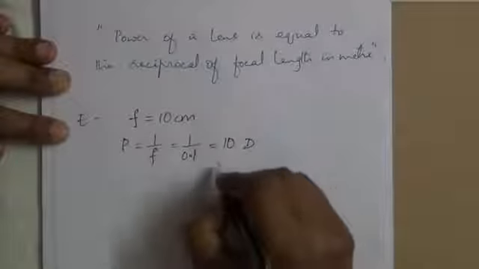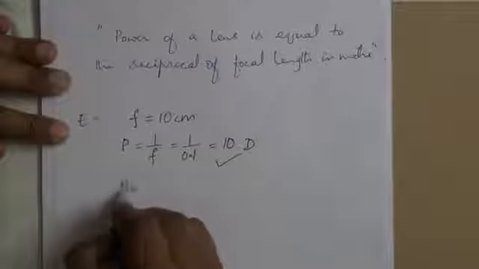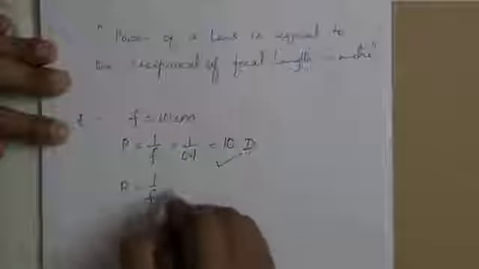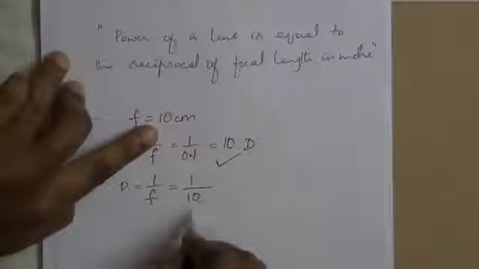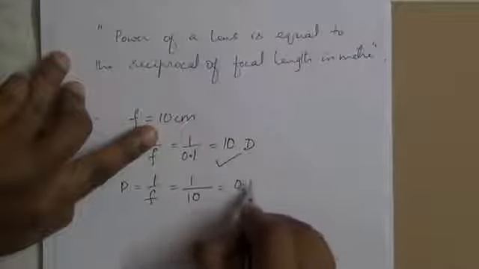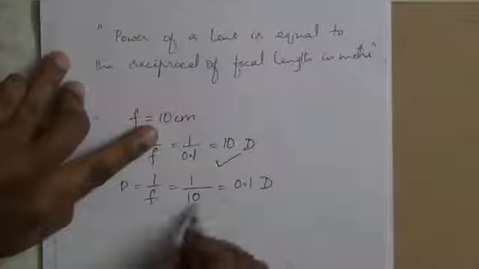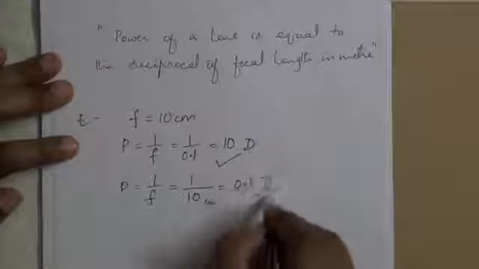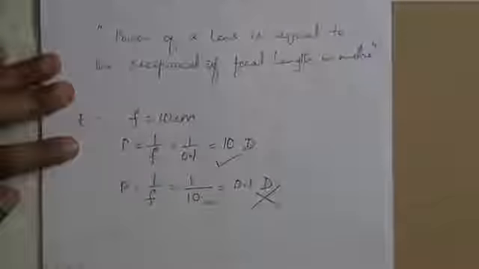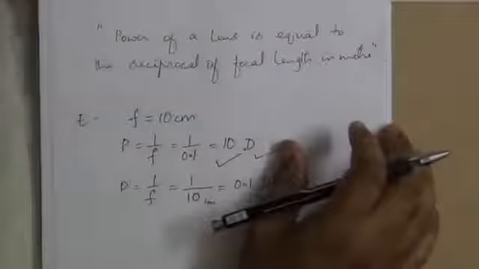Now the mistake: 1 by 10, since this is in centimeter, equal to 0.1 diopter is not the answer. This is the answer. Power of a lens is equal to the reciprocal of focal length in meter.